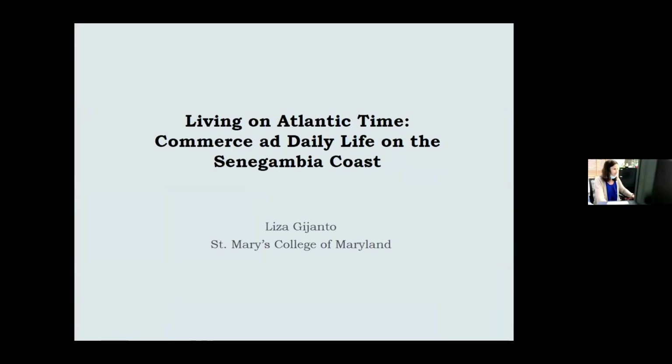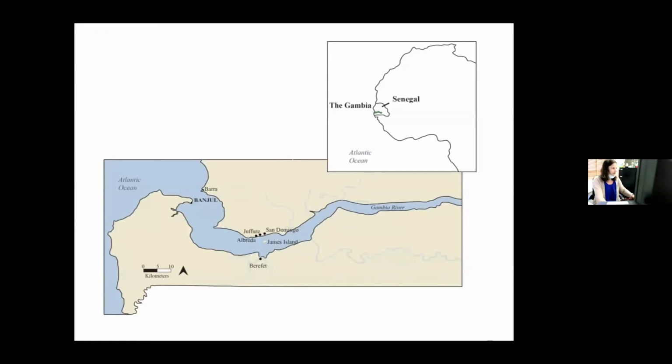I'm on campus. What I wanted to go through today, and it's a paper I've been working on for a little while, trying to figure out how to contextualize everything, is looking at how the trading landscape of the Gambia River shifted from the earliest arrival of European traders starting in the 15th century all the way through to British abolition in the 19th century, and the different goods that were passing in and out.